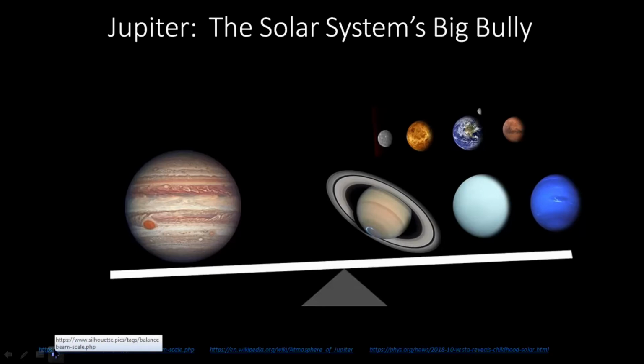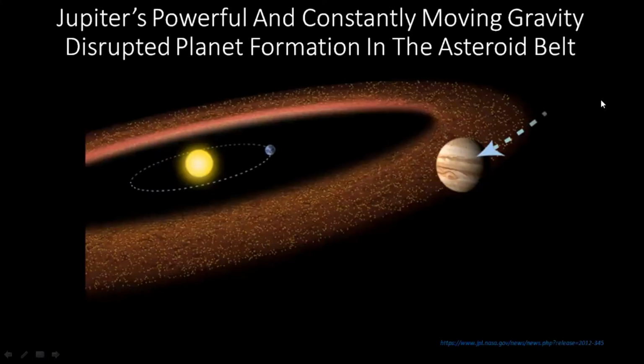And why did that cause a problem? Well, during the time when the planetesimals were forming and bumping into each other and trying to stick together throughout the solar system, big old Jupiter was coming around quite close to the orbit of the asteroids.